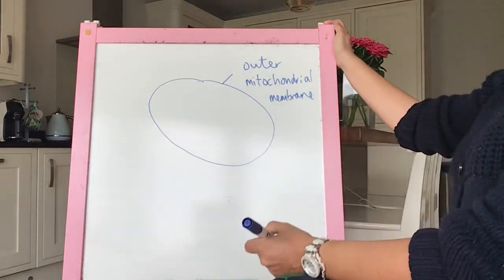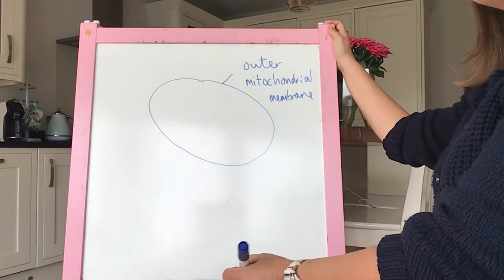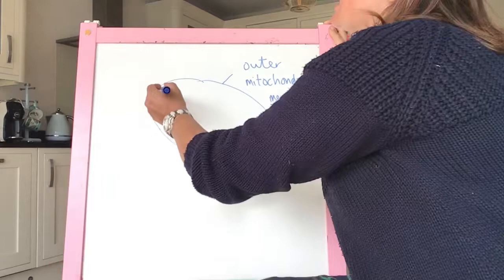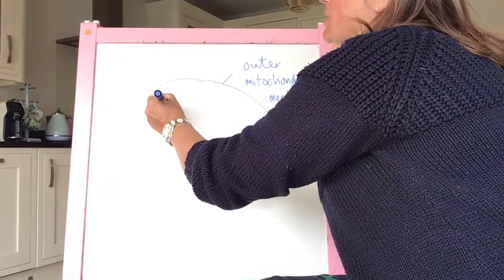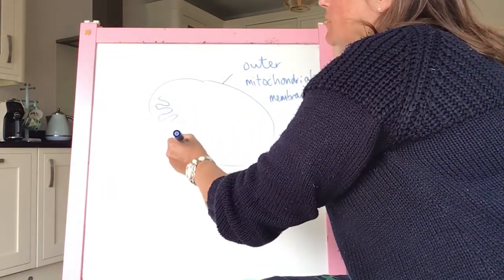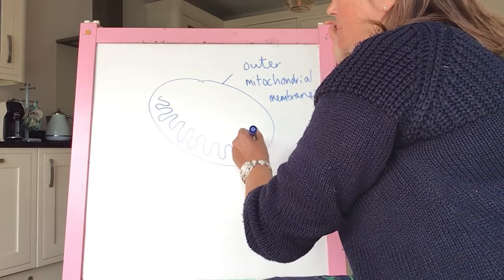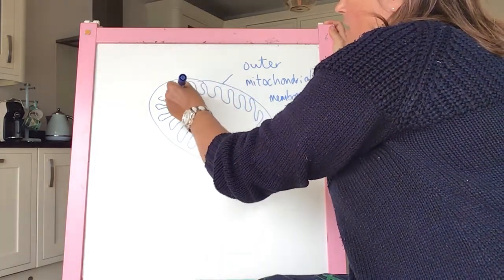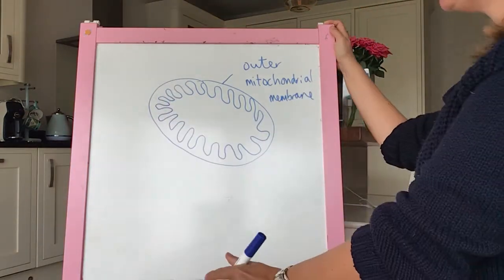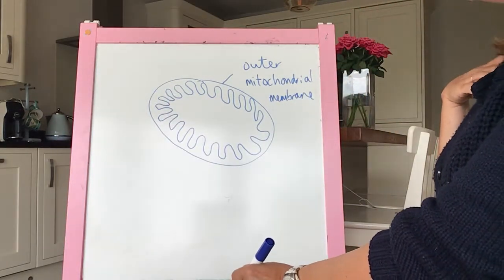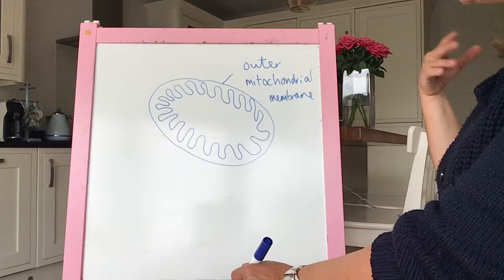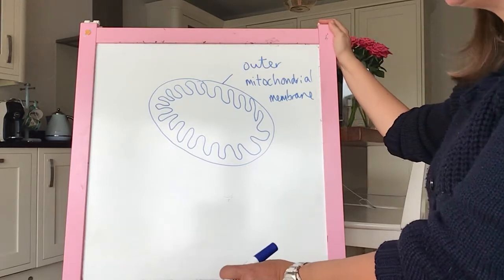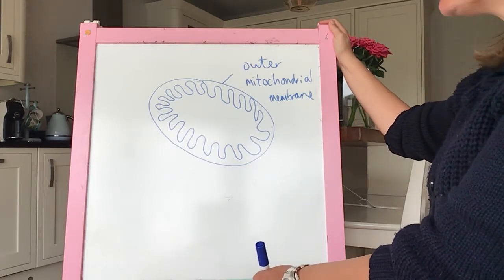And inside the mitochondrial membrane is another membrane, the inner mitochondrial membrane. It's got finger-like projections like this. And why do you think it's got finger-like projections? Well, just like microvilli inside the small intestine and alveoli inside the lungs, it's to increase the surface area.